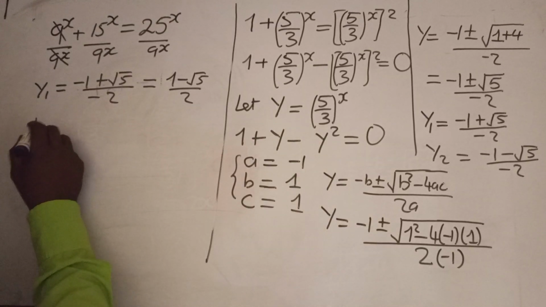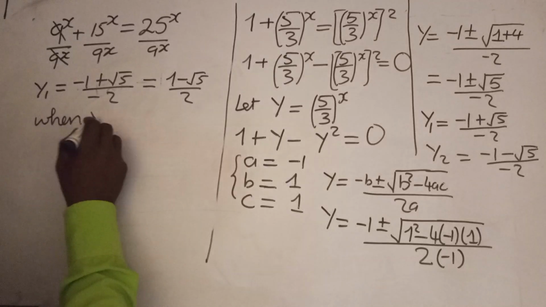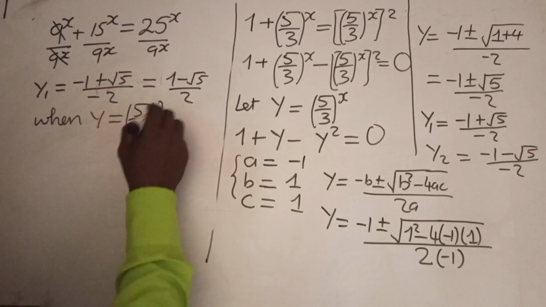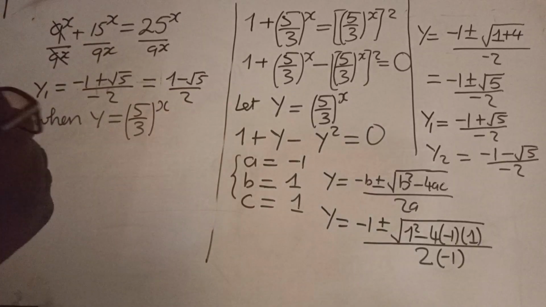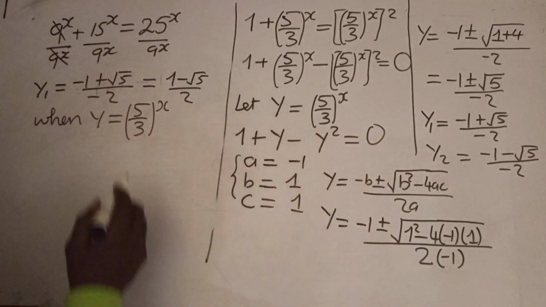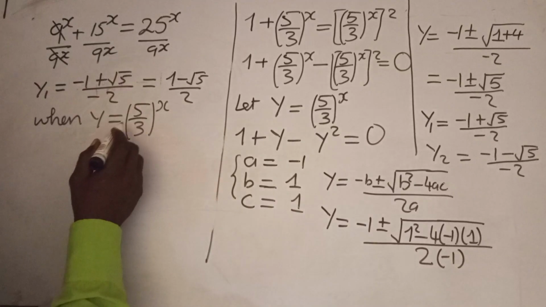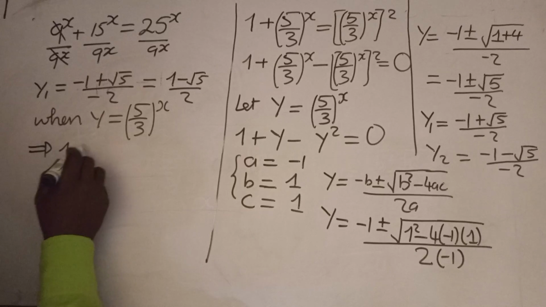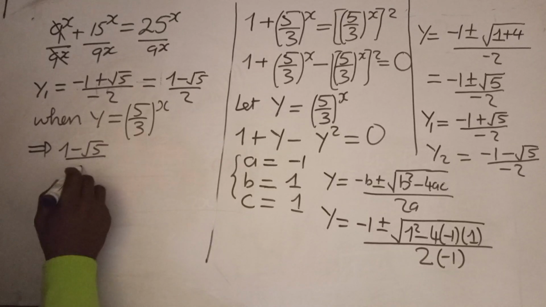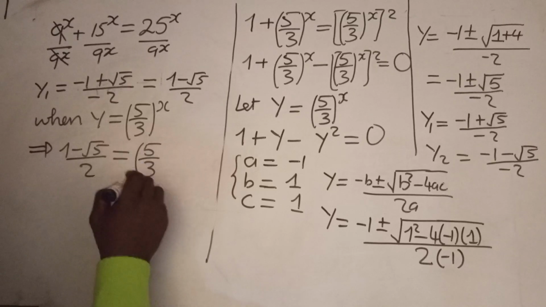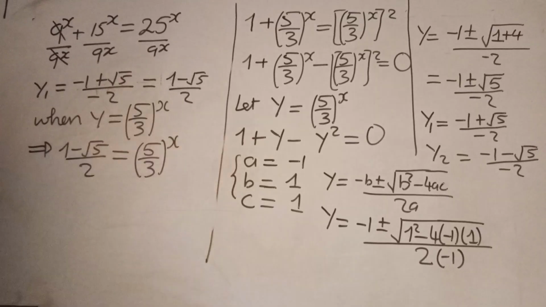We are told that y is 5 all over 3 to the power x. Okay, this is the relation that will bring in x. If we take this and put it there, we're saying therefore that 1 minus root 5 all over 2 will be equal to 5 all over 3 to the power x.